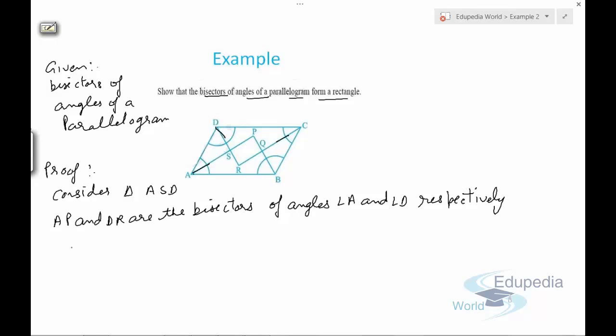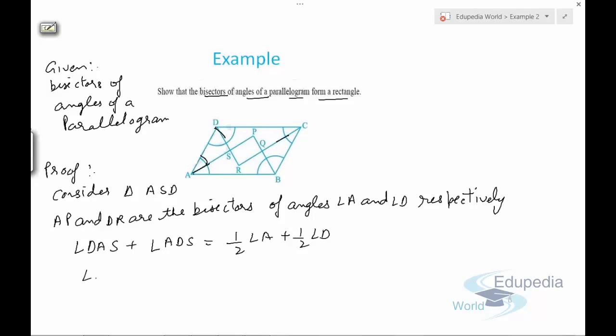So we can say that angle DAS plus angle ADS can be written as half of angle A plus half of angle D. So this is angle DAS, which is half of angle A because AP is a bisector. Similarly, ADS is half of angle D. Why? Because DR is a bisector.